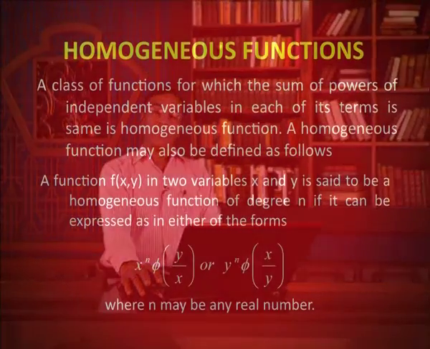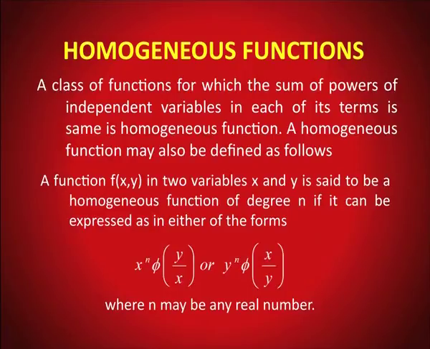Now, I am going to explain some special functions categorized as homogeneous functions, and we will discuss a very important property of the homogeneous function with Euler's theorem. A class of functions for which the sum of powers of independent variables in each of the terms is the same is a homogeneous function.